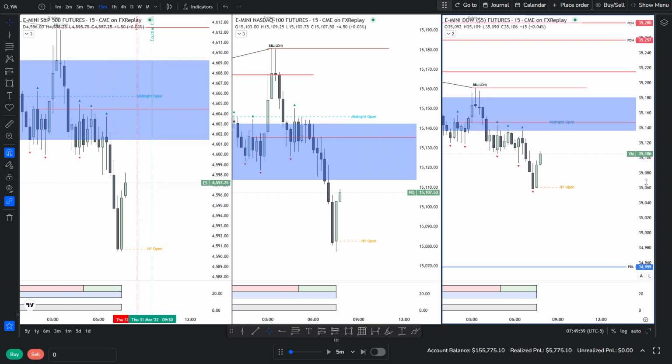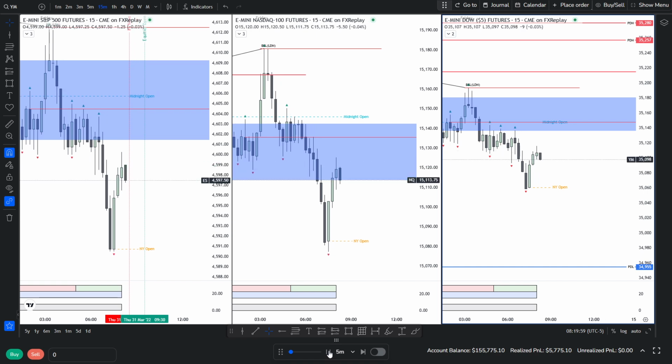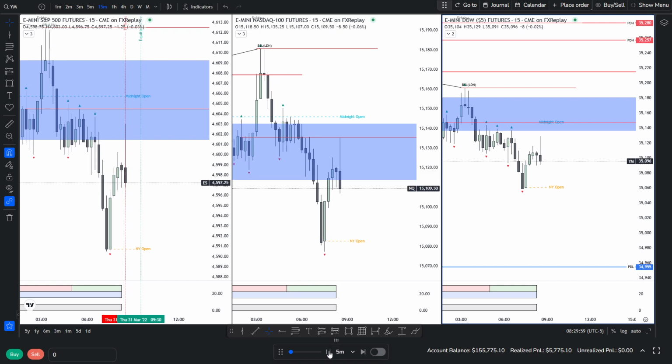Could form a cracking correlation here. Although, depending on how YM closes, could support a, it's interesting. Certainly looks like we're going up to the news.